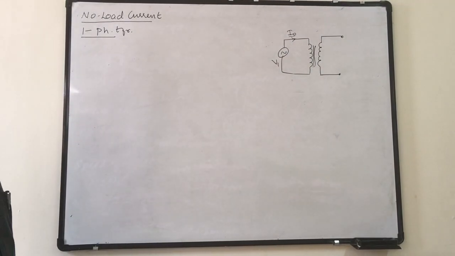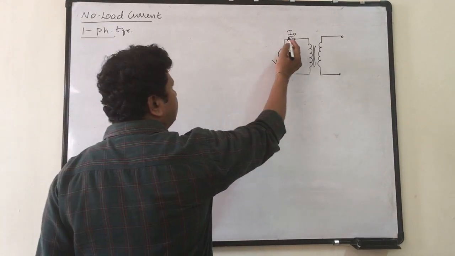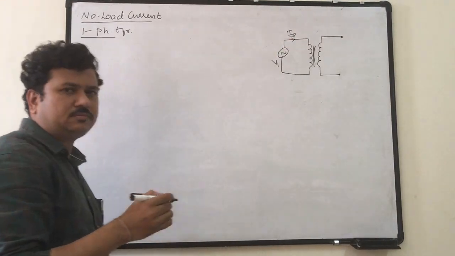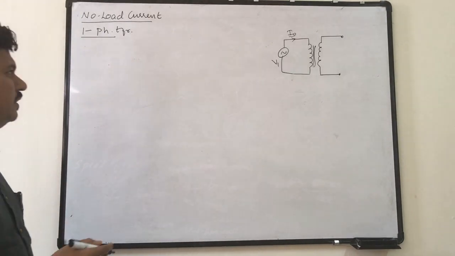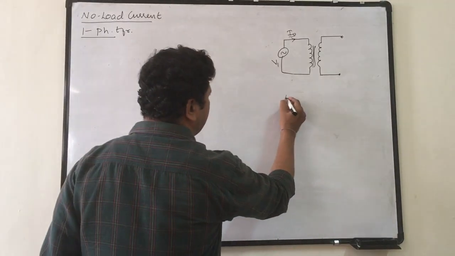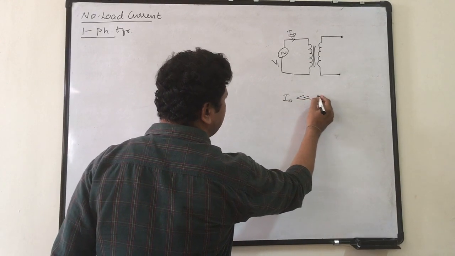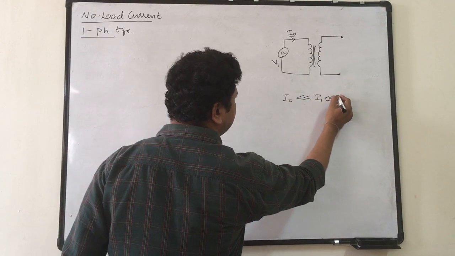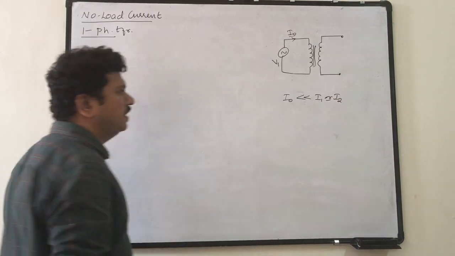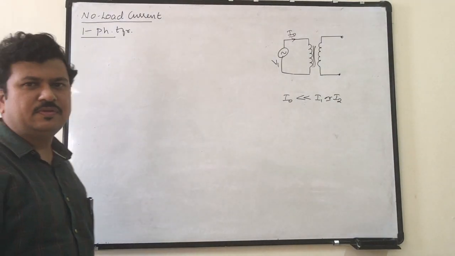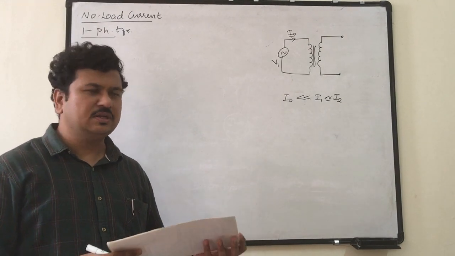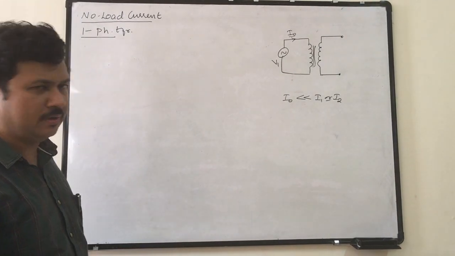The magnitude of I0 is very small compared to I1 or I2, the full load current. It is hardly 2 to 5% of the full load value.